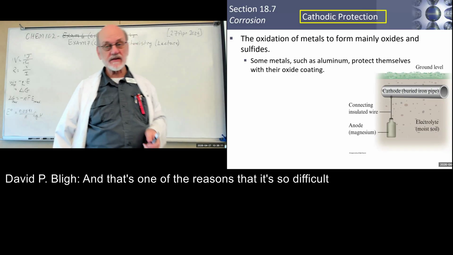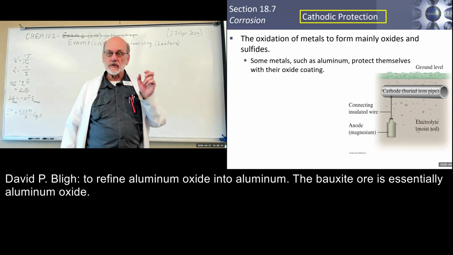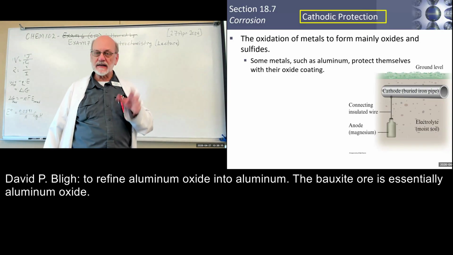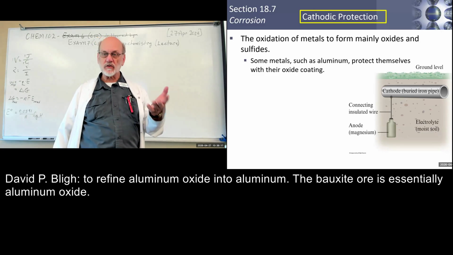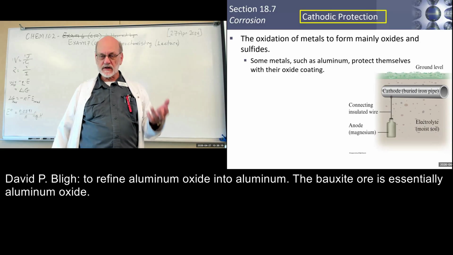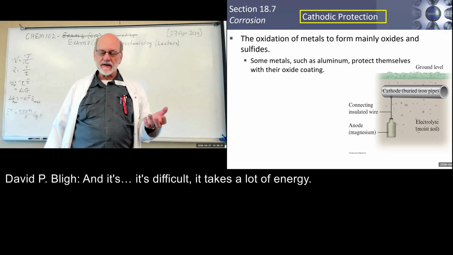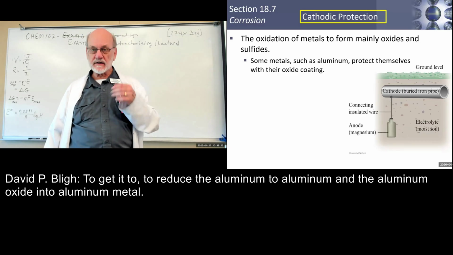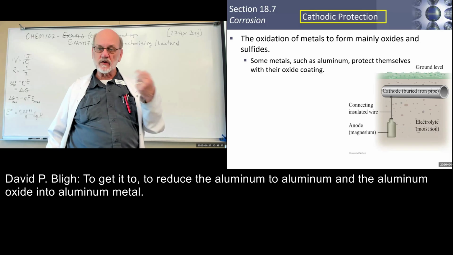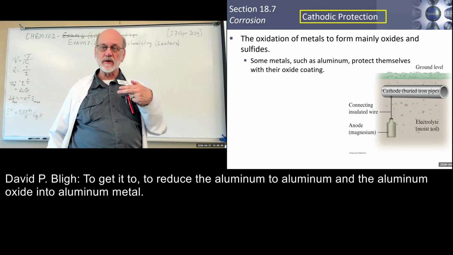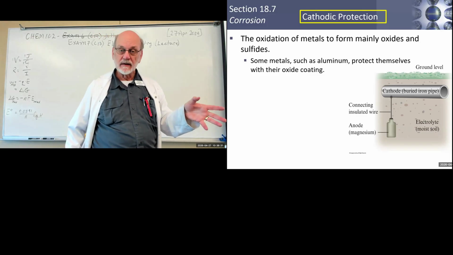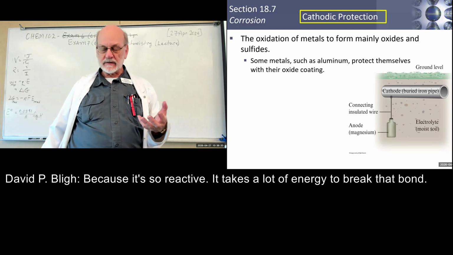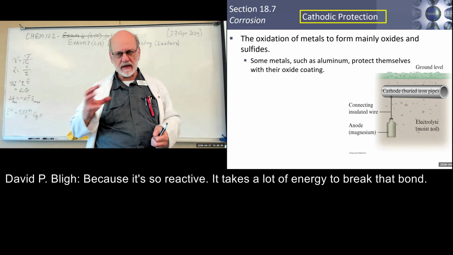And that's one of the reasons that it's so difficult to refine aluminum oxide into aluminum. The bauxite ore is essentially aluminum oxide. And it's difficult. It takes a lot of energy to reduce the aluminum in the aluminum oxide into aluminum metal, because it's so reactive. It takes a lot of energy to break that bond.